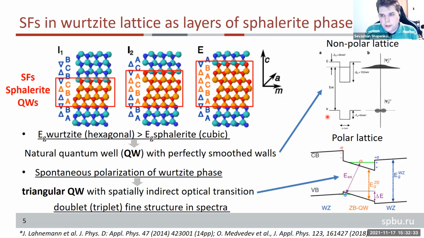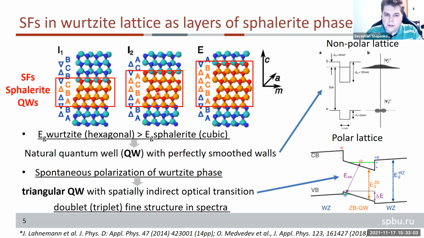Also, there is an interesting feature of stacking faults in the wurtzite structure, which is the structure of gallium nitride. If you have a stacking fault in the wurtzite lattice, it would be a segment of sphalerite phase, or of a cubic phase, which has a smaller band gap, thus making it kind of a natural quantum well.